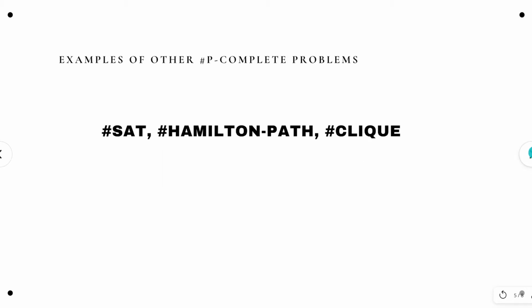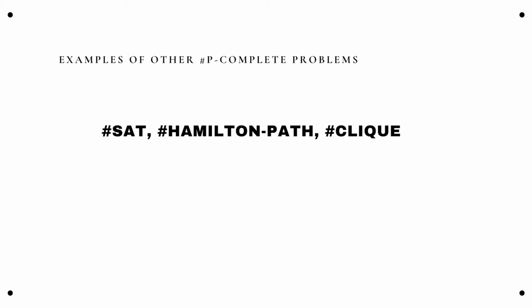Examples of #P-complete problems are like the corresponding NP-complete versions. If we take the counting versions of them, then they become #P-complete problems. Examples are #SAT, #Hamilton path, and #clique. #SAT is where you count the number of satisfying assignments.